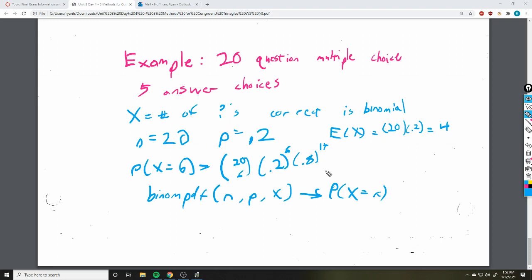And we're going to put the same parameters in here. But what binomial Cdf is going to tell me, same parameters, n, comma, p, comma, x, would tell me the probability that x is less than or equal to whatever value I put in.